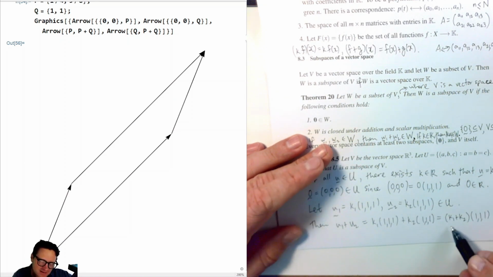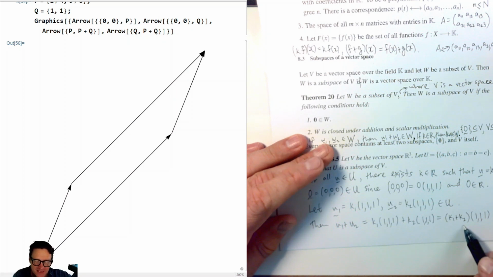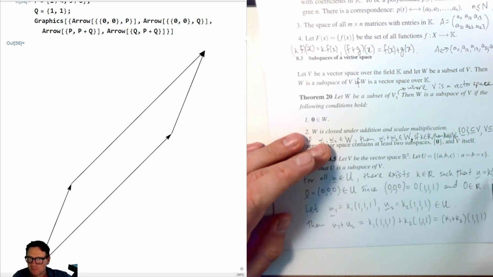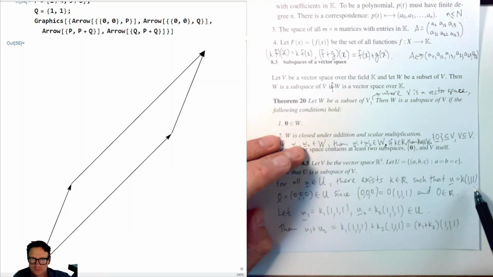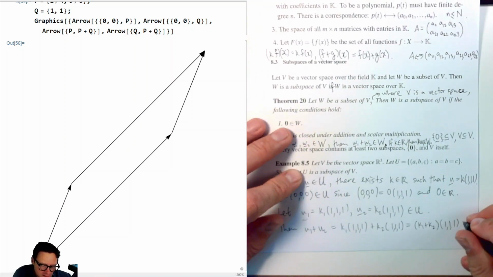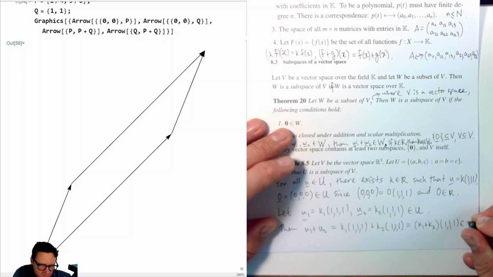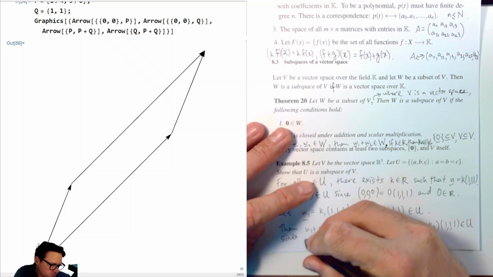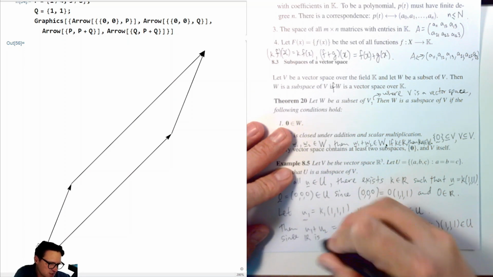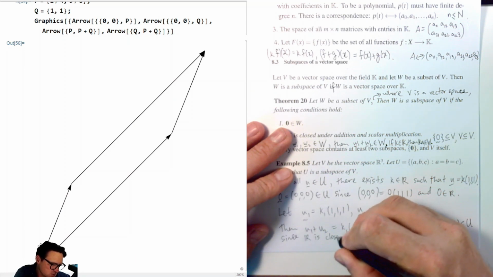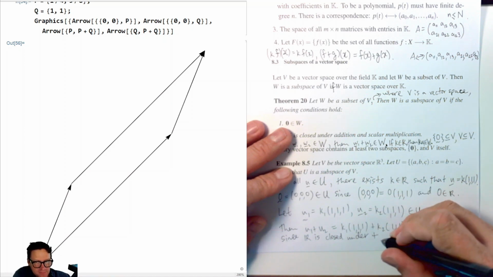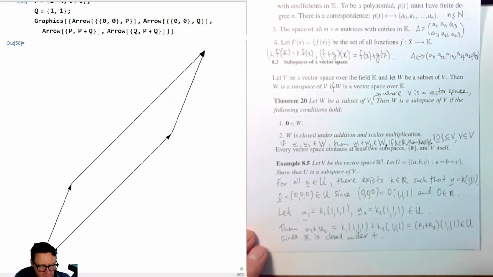And so since K1 plus K2 is a real number, this vector is in the set U because it's of this special form. So it's in the set U since the set of real numbers is closed under addition.